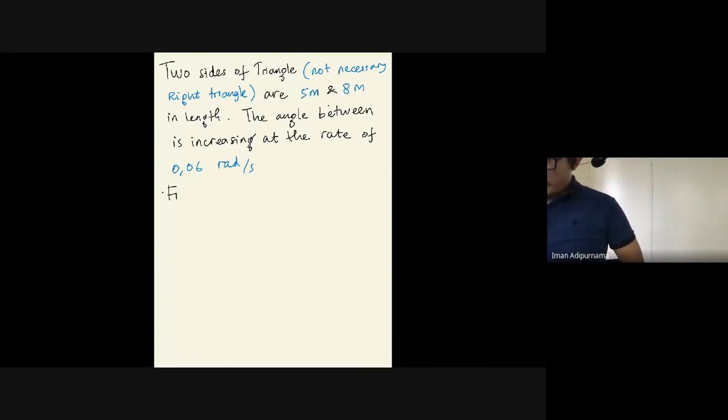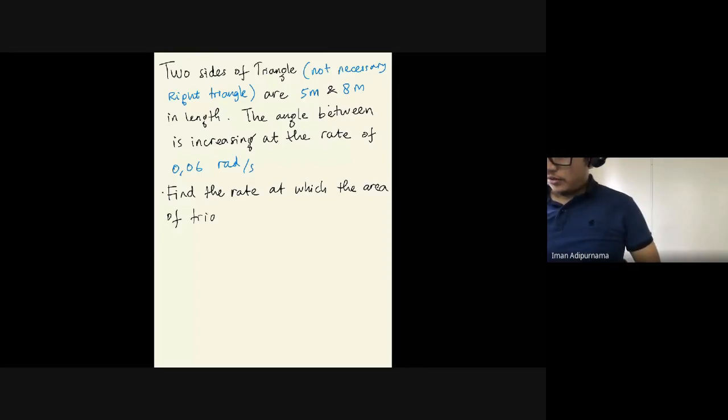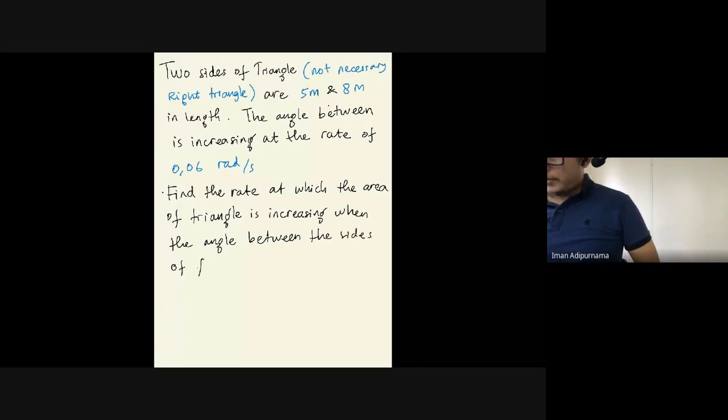The question is: find the rate at which the area of the triangle is increasing when the angle between the sides of fixed length is pi over 3 radians.